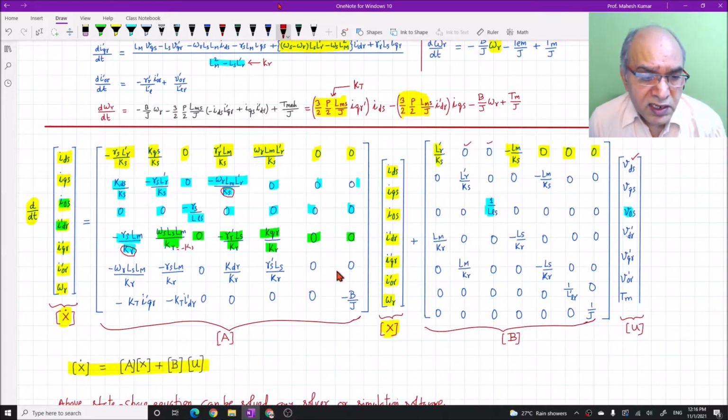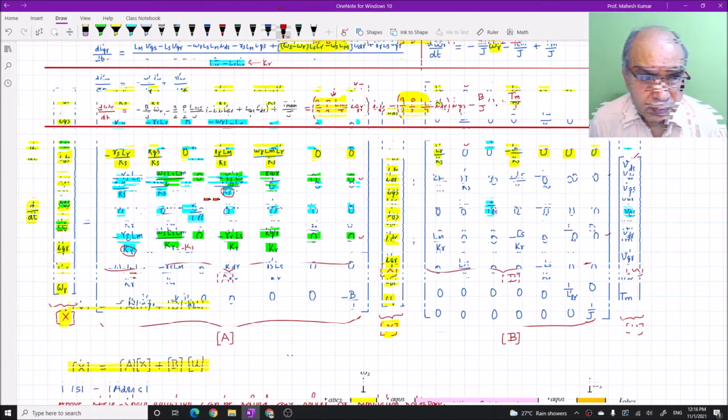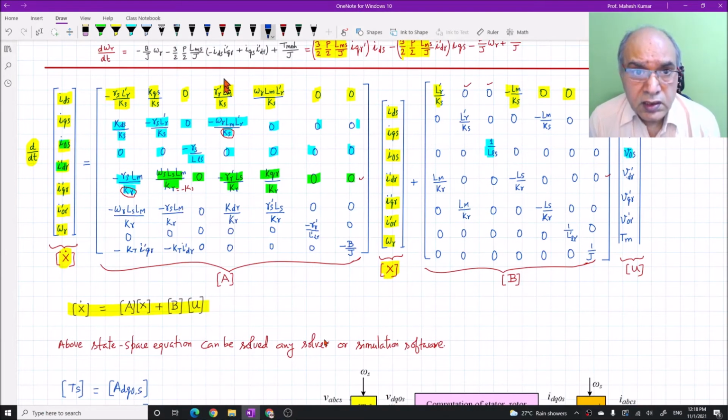So these are elements of the fourth row on both the sides, and the fifth row is for iqr'. Sixth row is 0, 0, 0, as you can guess, and then minus rr' by Llr', similar to this term, except that now it belongs to the rotor side.